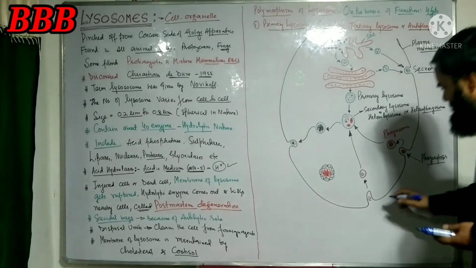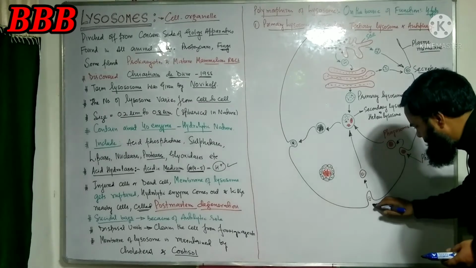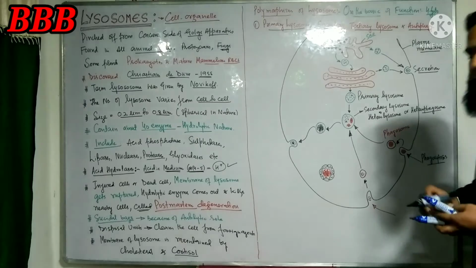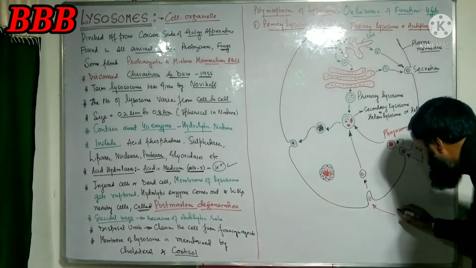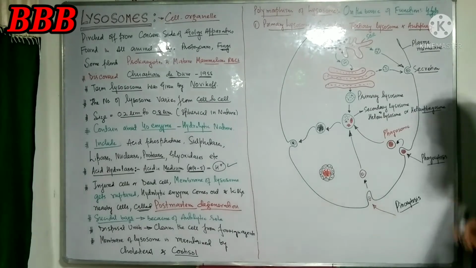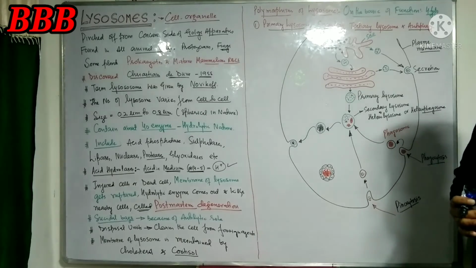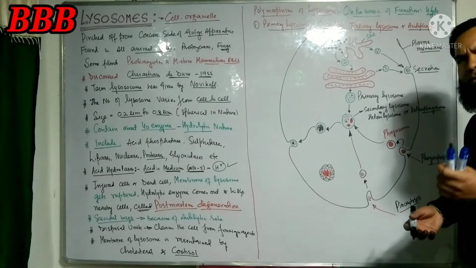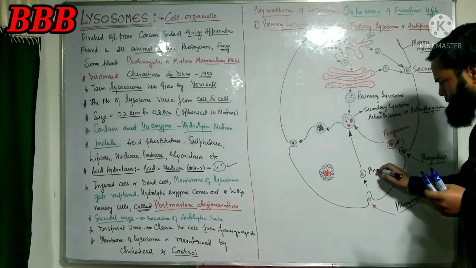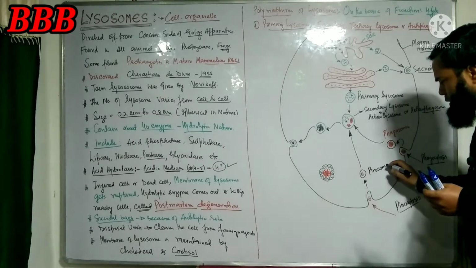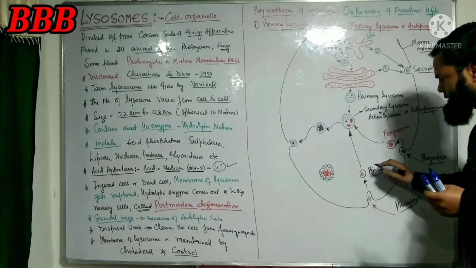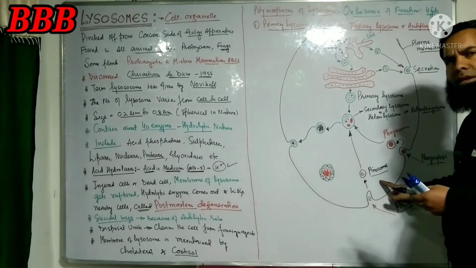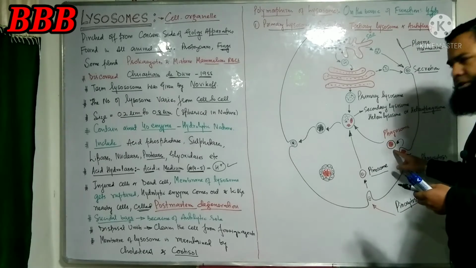Likewise, when liquid material enters the interior of the cell from the outer medium, the process is called pinocytosis, and there is the formation of a pinosome, a little body inside the cell.